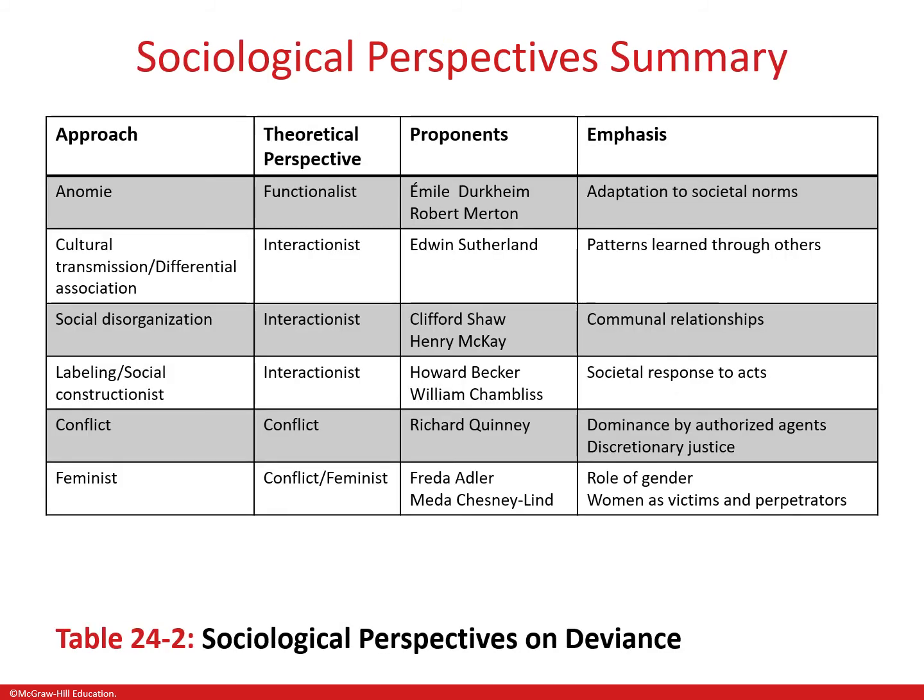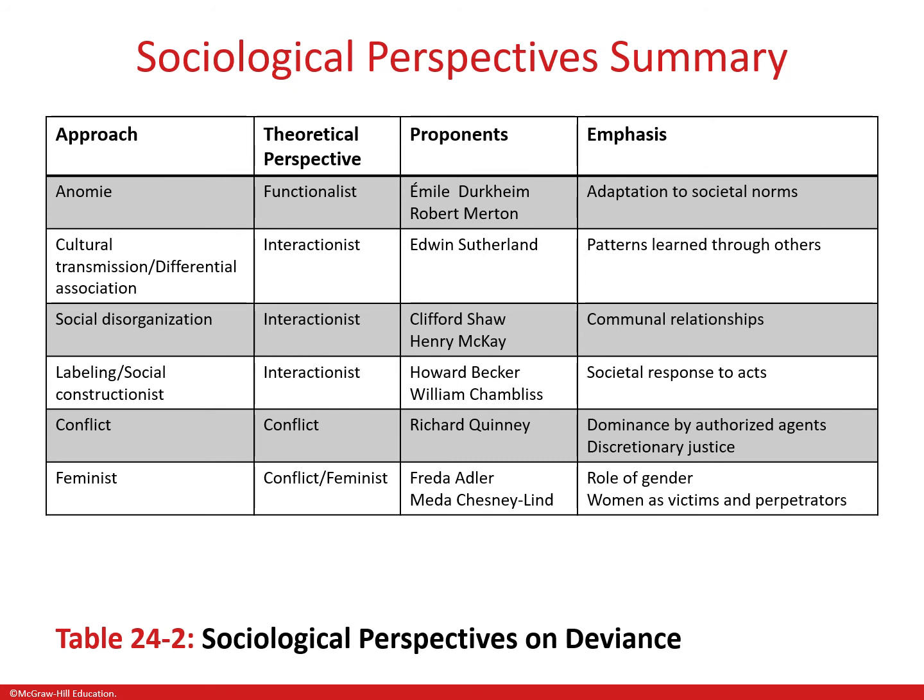Okay, so here we have a table illustrating all of the different theoretical perspectives, and I hope this helps you put in mind which perspectives, within which there are different approaches, different theories. So the functionalist perspective, we have the anomie theory of deviance, Emile Durkheim, Robert Merton, the adaptation to the different societal norms.